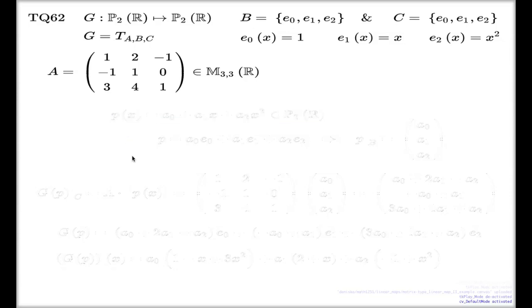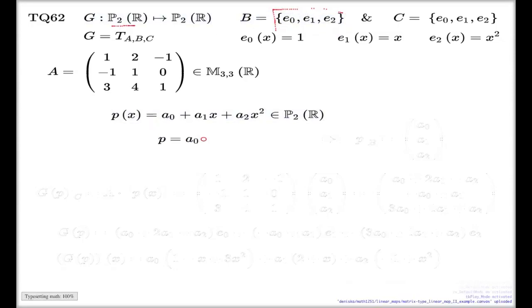So here we go. I take a polynomial from here of degree 2 or less. Every such polynomial admits a representation of this type, A0 plus A1x plus A2x squared. Now I'm going to frame this polynomial in the context of the basis B in my domain.